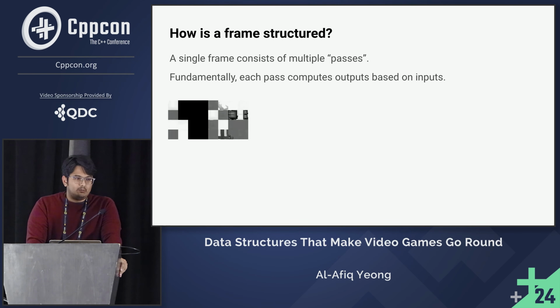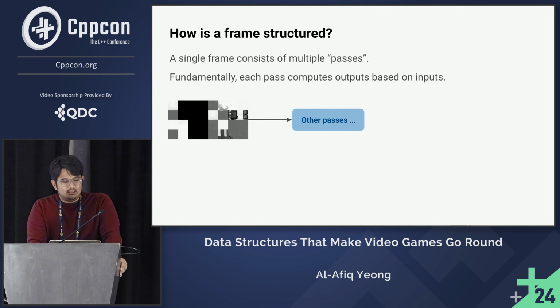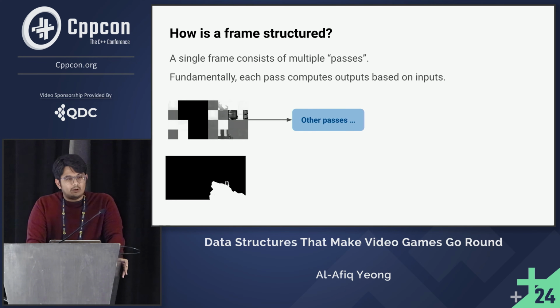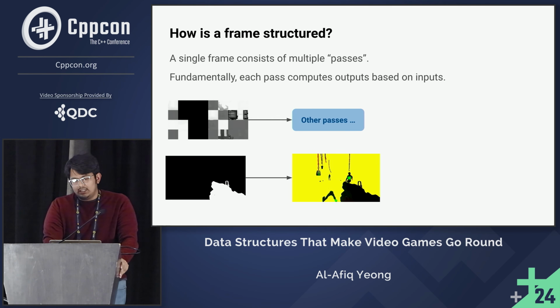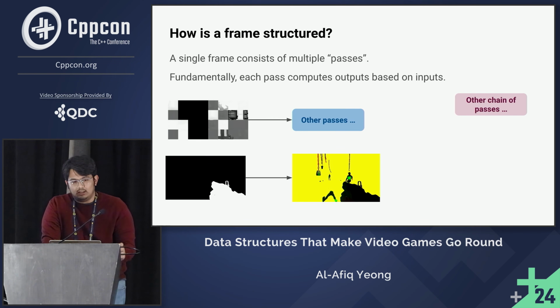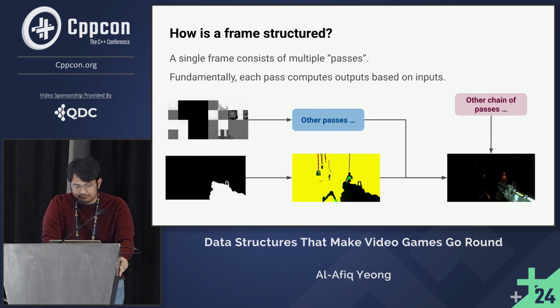This is the shadow map, which is then used for other passes. And then there is the depth prepass, which we use to compute the velocity map for people who like motion blur in games. And not only that, there could be many other passes, all of which we use to composite into the final image.